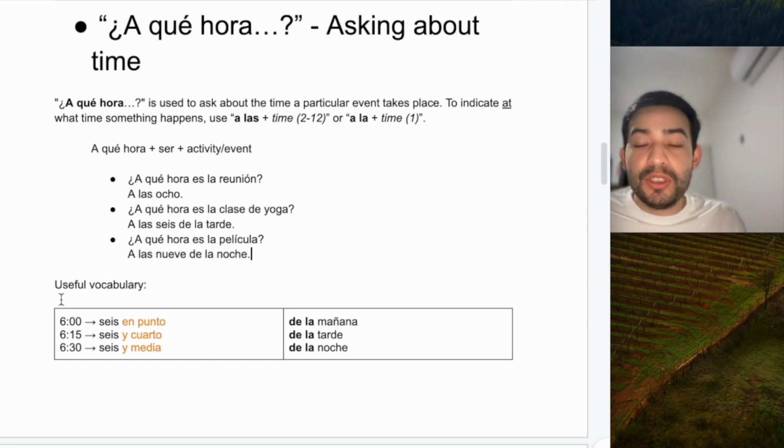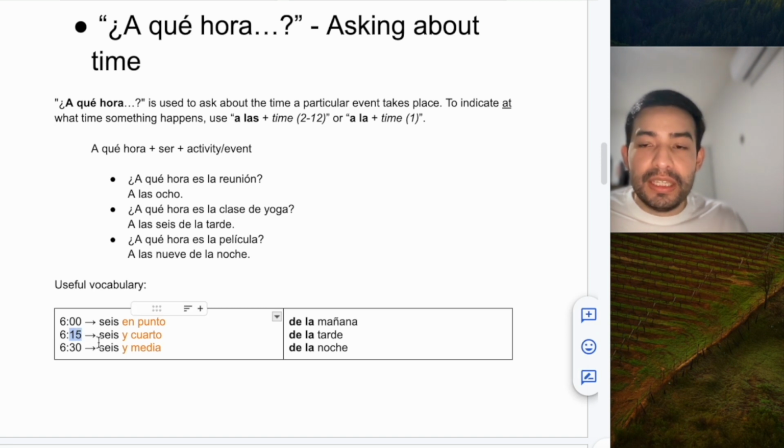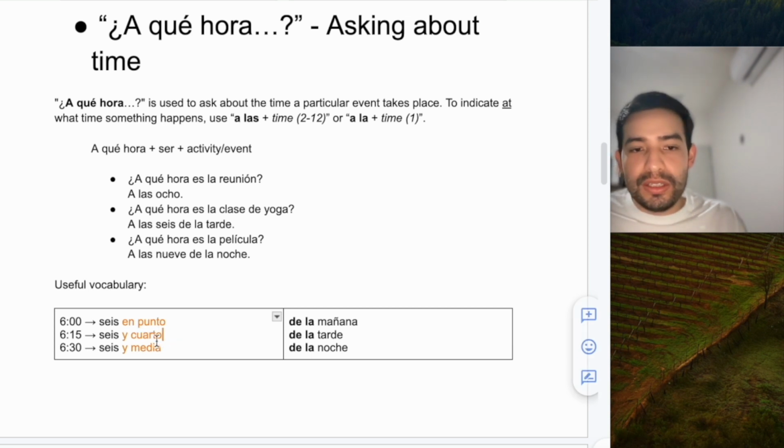And here you have some useful vocabulary. When the time ends in 00, we would say en punto. So this would be 6 en punto. That's kind of like sharp, on the dot, okay? For 15, we say quarter, and in Spanish we would add y cuarto, and a quarter, okay? So we would say 6 y cuarto for 6:15.